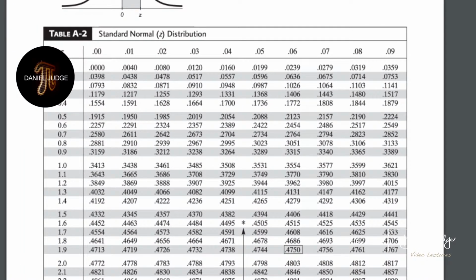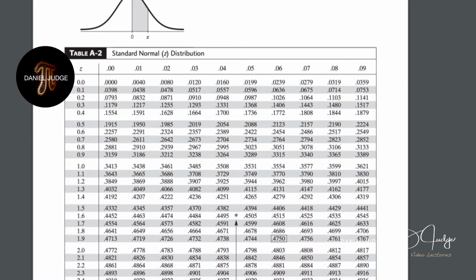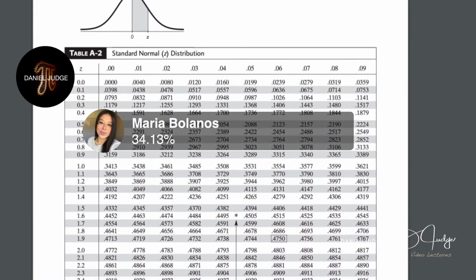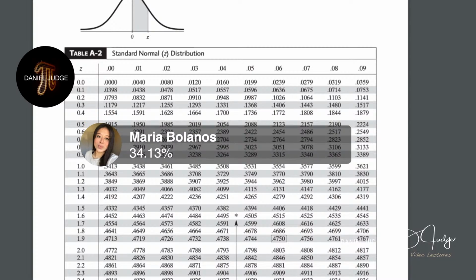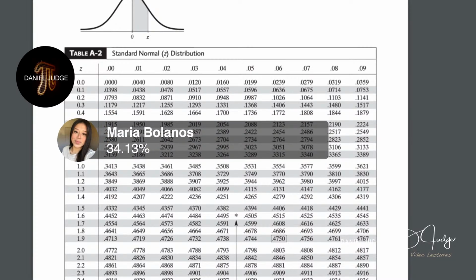Anybody want to tell me what is in there? It looks like you already did, right? Maria gave the percent answer. It's below her answer. It's 0.3413. So Maria gave the percent answer.